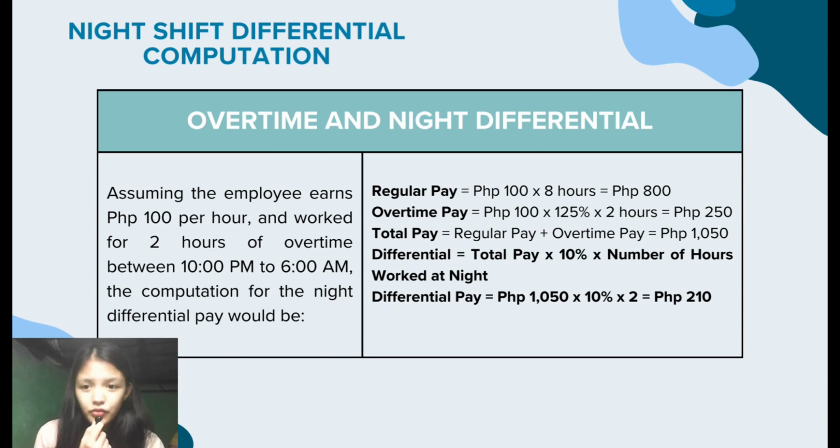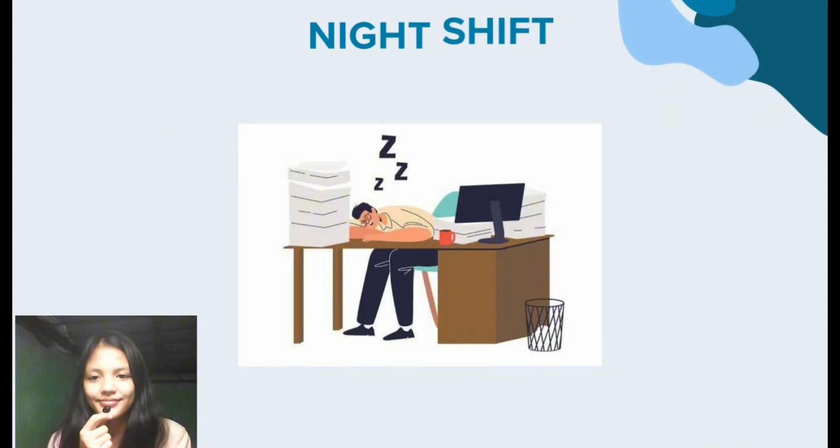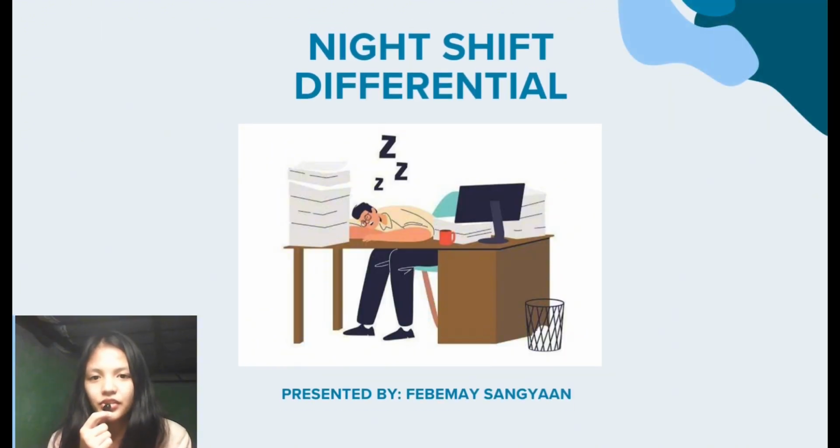Now in computing the differential, we have to base the wage on the total pay, regular pay plus overtime, which is 1,050. So 1,050 times 10% times the number of hours worked at night. So 1,050 pesos times 10% times 2.